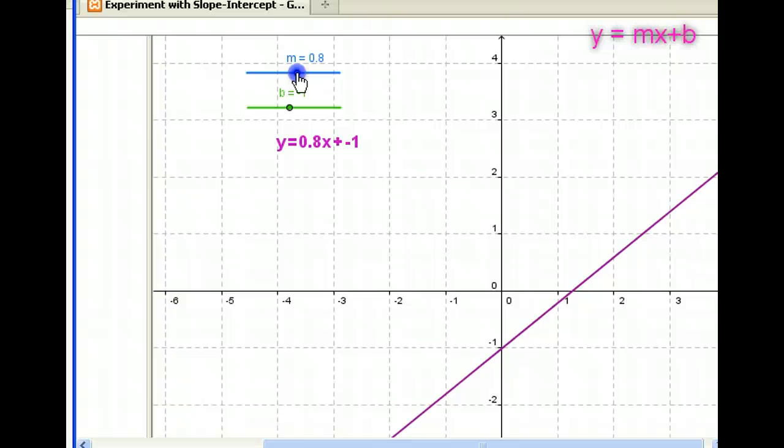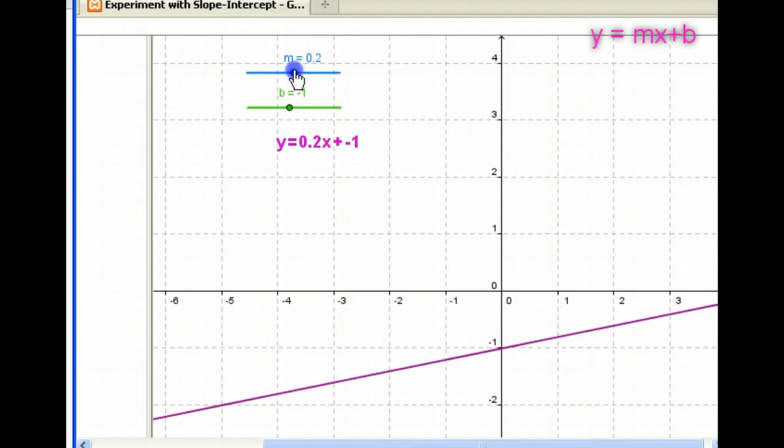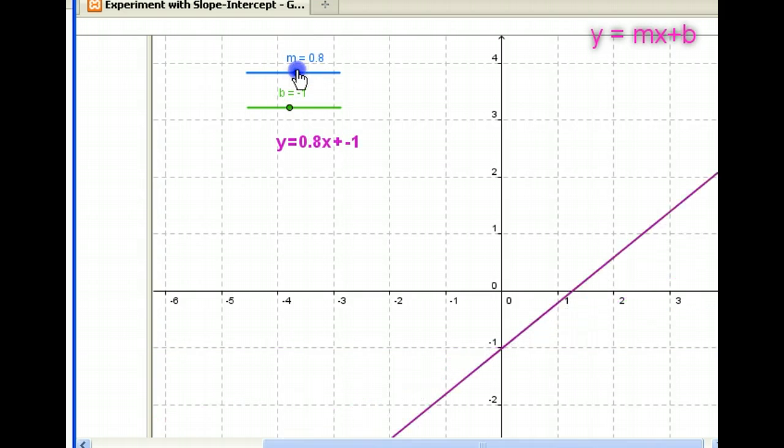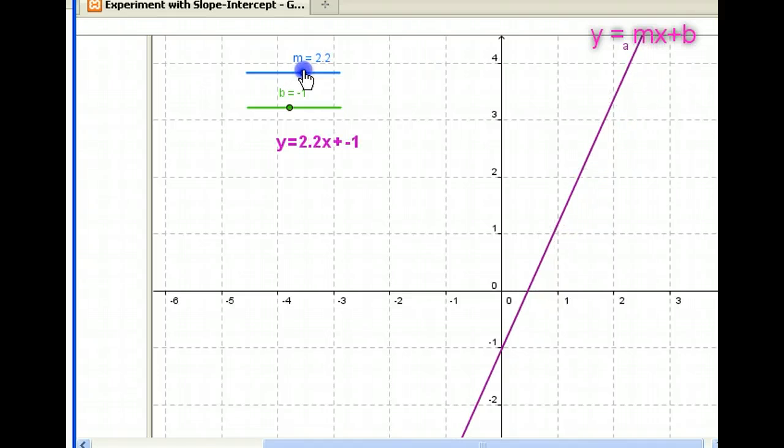The slope is getting flatter and flatter, and when I give a value of 0 for the slope, you see it becomes a horizontal line. This is what we have been discussing in the previous week. For a slope of 0, the line becomes horizontal. For a slope which is positive, growing, you see the slope is getting steeper and steeper.